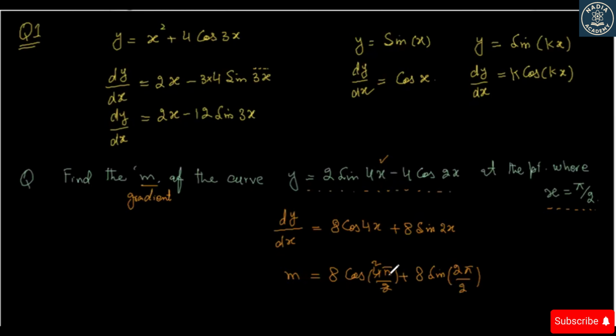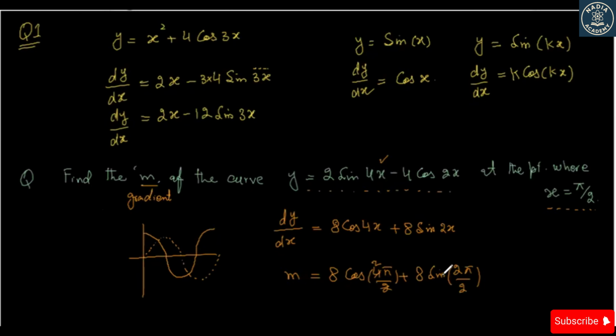So cos 2 pi is positive 1 because this is the cos graph. We know that the values of cos at 0 is 1, then at 90 it is 0, at 180 negative 1, at 270, which is 3 pi by 2, it is 0, and at 2 pi it is 1. But in case of the sine, it is a 90-degree phase shift, so that will be going like this.